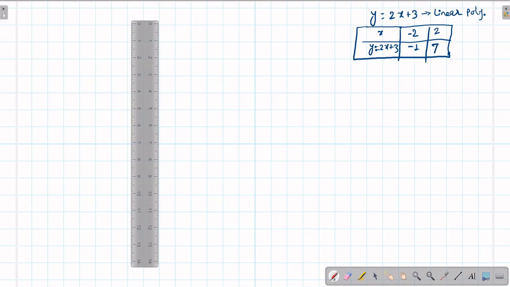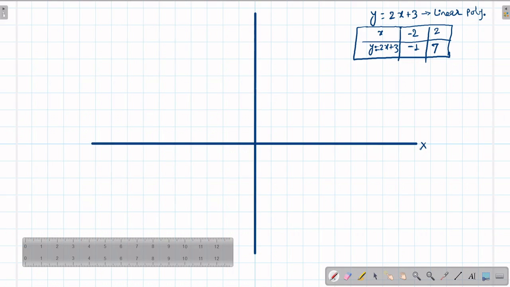Let's try to draw it on graph paper. Say this one is the x-axis and this one is the y-axis, and each square is equal to 1 unit. Say 1, then 2, 3, 4, 5, 6, 7.